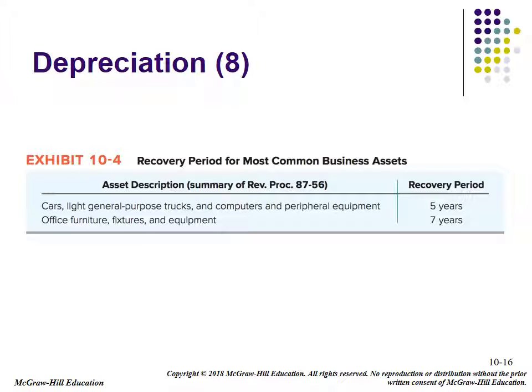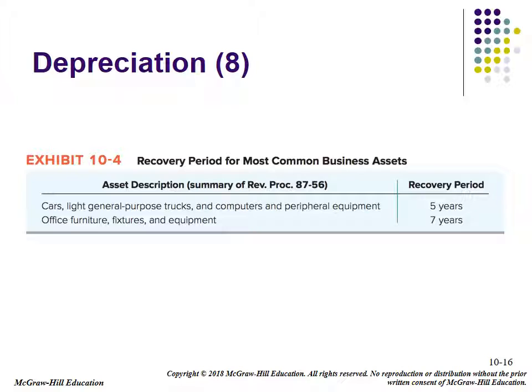The 5-year is the life of our cars, our light general purpose trucks, including our dump trucks, computers, and the computer's peripheral equipment, printers, routers, databases, database storage, whatever. I don't know all that stuff myself, but any kind of costs associated with those would be considered 5-year property.